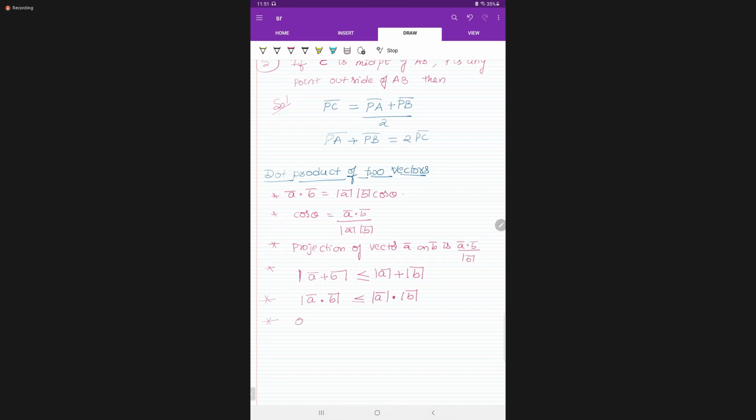Next, orthogonal projection of A bar along B bar is A bar dot B bar into B bar by modulus of B bar whole square.